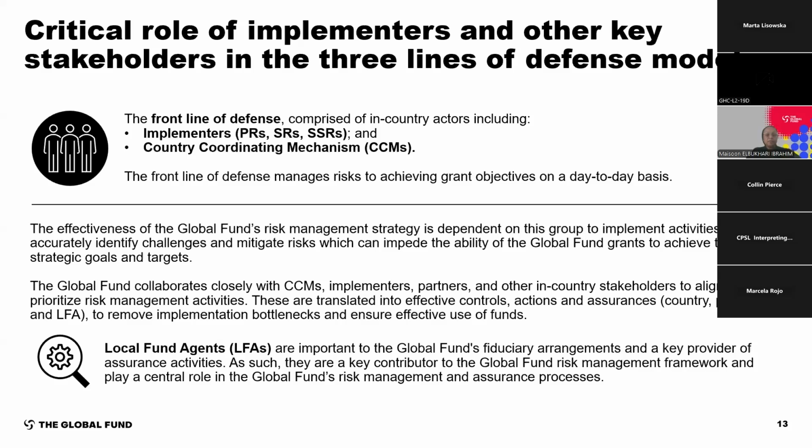The front line plays a crucial role in managing risk day-to-day when implementing the grants. You are the ones on the ground identifying challenges and putting in place actions to mitigate implementation risk. And the Secretariat works closely with the country coordination mechanisms, or CCMs, implementers, partners, and other in-country stakeholders to align and prioritize risk management activities and ensure effective program delivery.